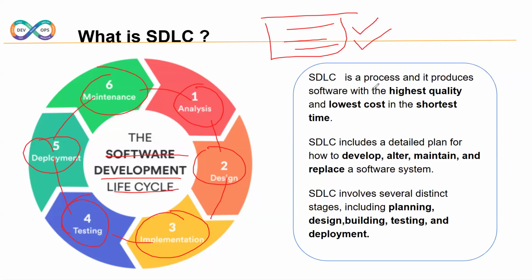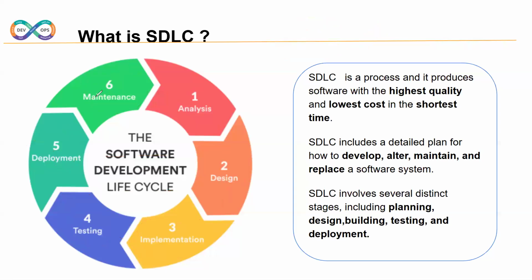Okay, let us revise one more time. What is SDLC? SDLC is a process. We are producing working software with the highest quality, at the lowest cost, within the shortest time. That is nothing but our SDLC process. By using SDLC, we are able to develop, alter, maintain, and replace a software system, which you call release 1, release 2, updating software.